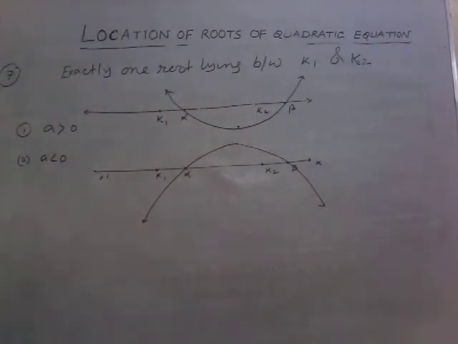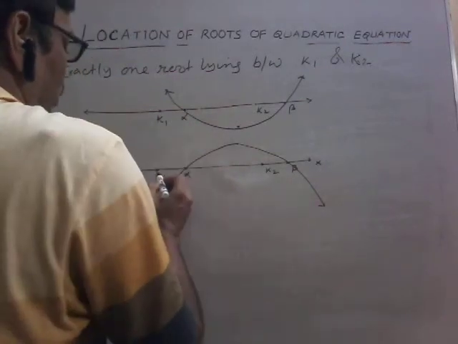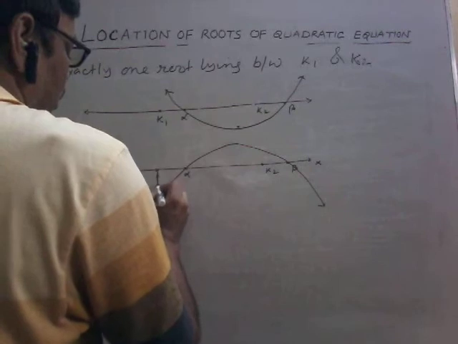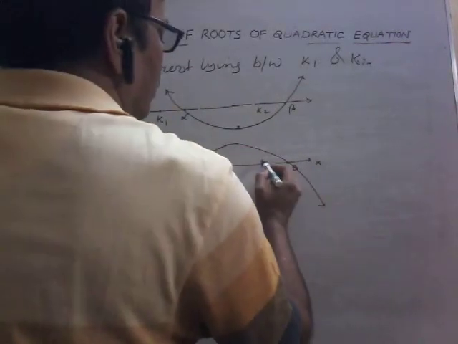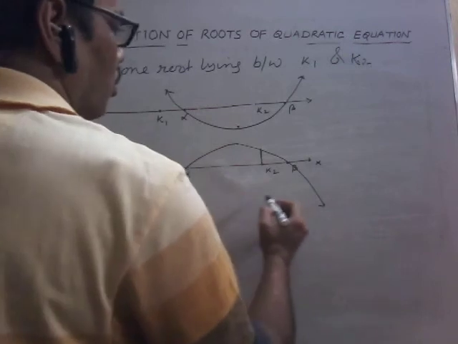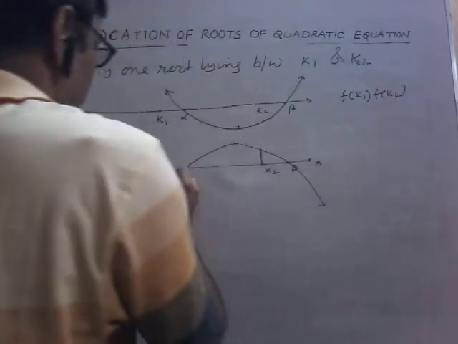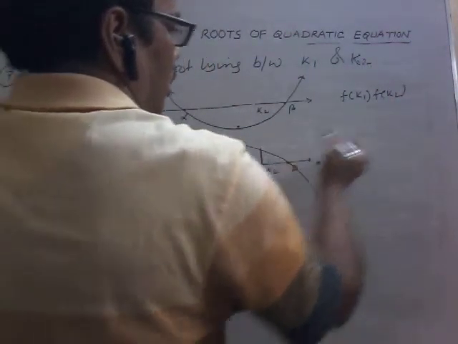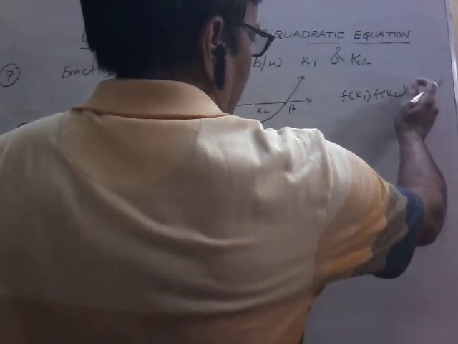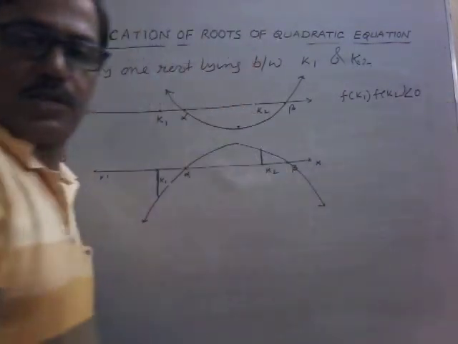So write the conditions. So this is f(K1), and this is f(K2). So what is the condition? f(K1) into f(K2), this is negative, this is positive. f(K1) f(K2) less than 0.